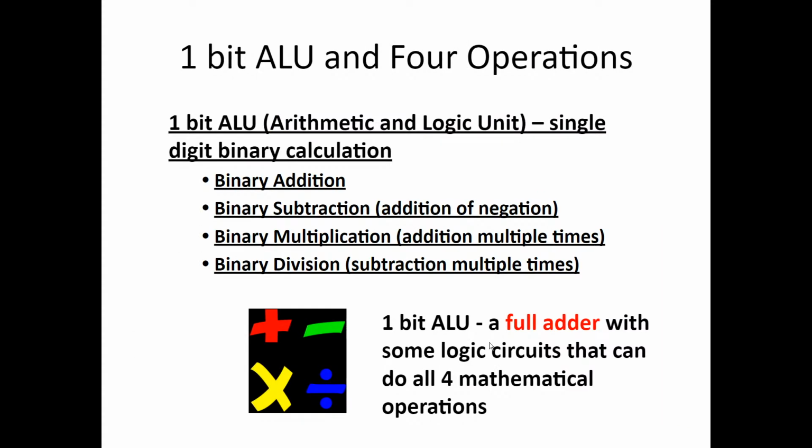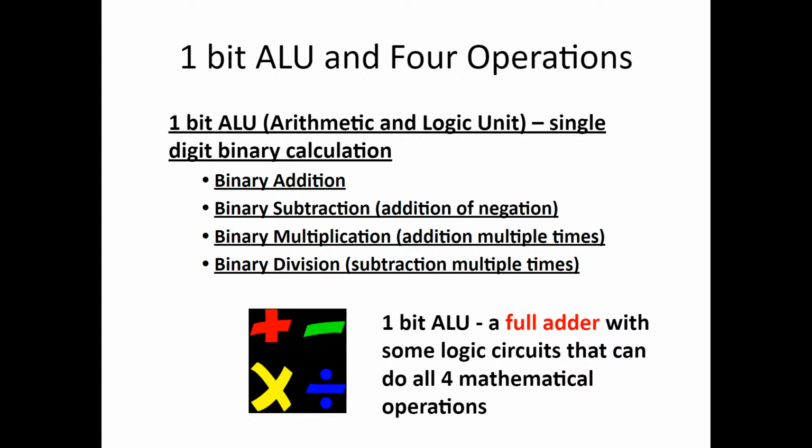So the 1-bit ALU and the 4 operations. The 1-bit ALU can compute a single-digit binary calculation, and so it can do addition, subtraction, multiplication, and division. And so you might wonder, if its basic operations include only AND, OR, and adding, then how can it do things like subtraction, multiplication, and division?